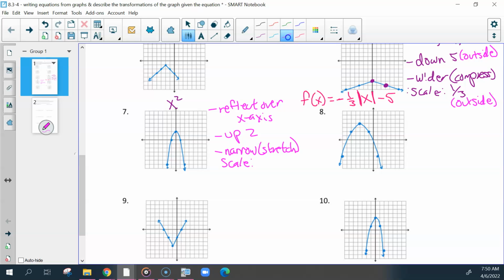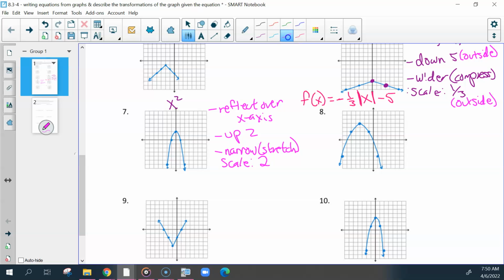If we look at the difference between our y value points, from our vertex to either of these points, there's a difference of 2 to the first set of points. So I would think the scale is 2. But then if we look from here to here, this difference is 6. It was originally 3. 3 times 2 is 6, so my scale factor is 2.